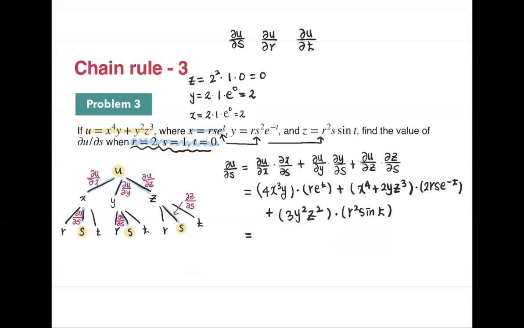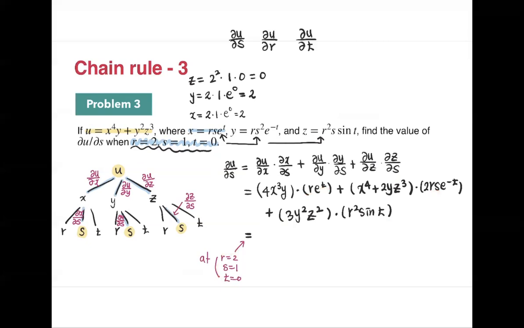So if we want to calculate du/ds at r equal to 2, s equal to 1, t equal to 0, then we just put these values in wherever there is r, t, or s.